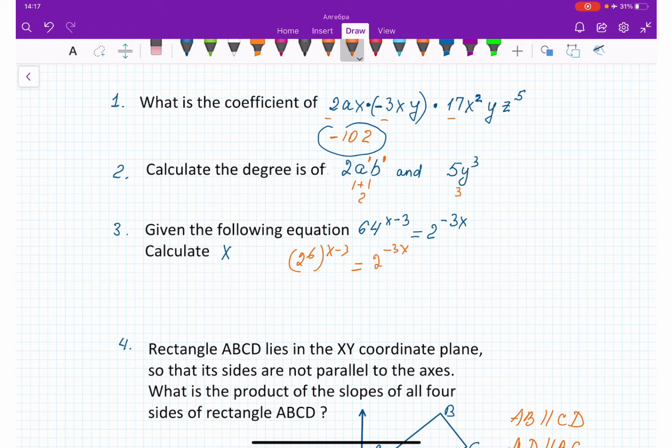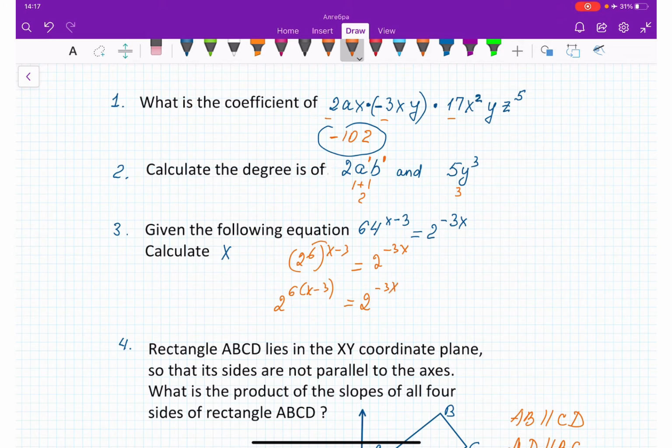Now, since I have 2 to power 6, I multiply the powers, power to power, 6 times x minus 3. It's going to be 2 to power 6 times x minus 3, equal to 2 to power negative 3x.